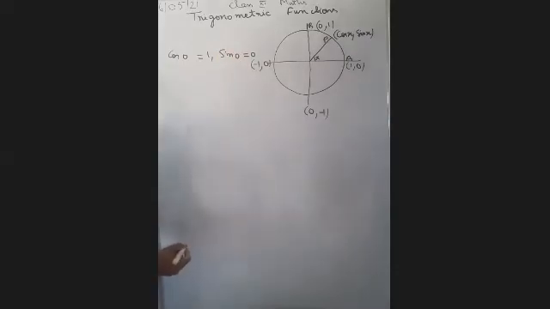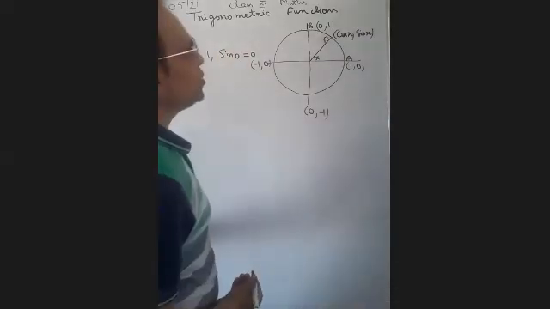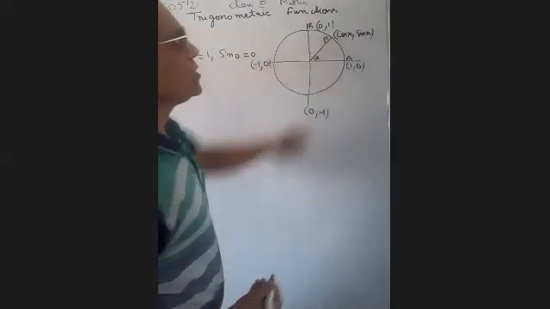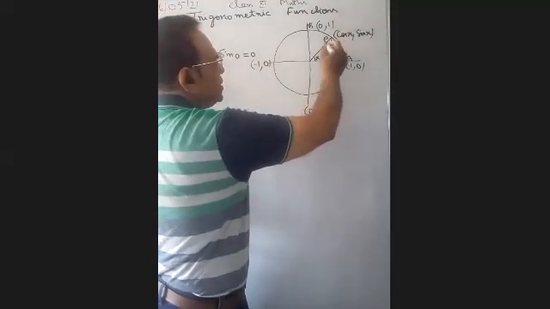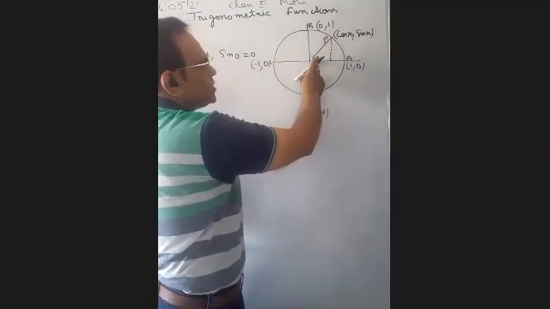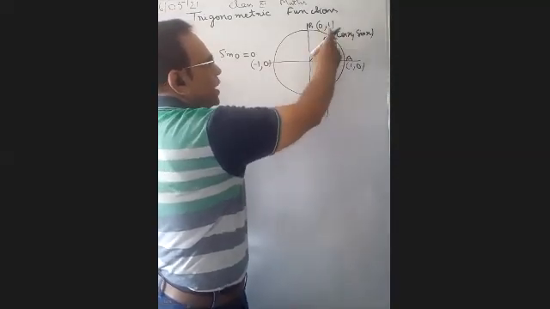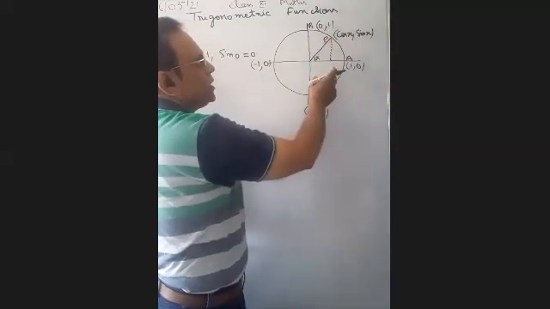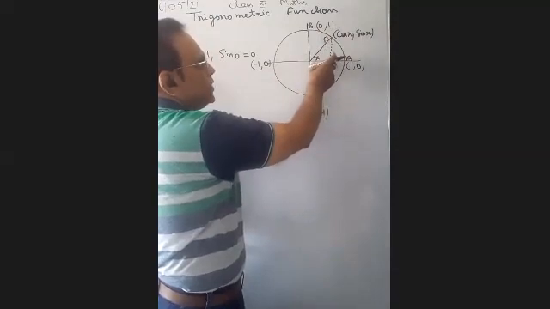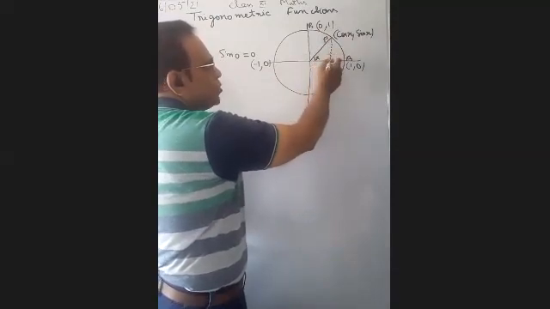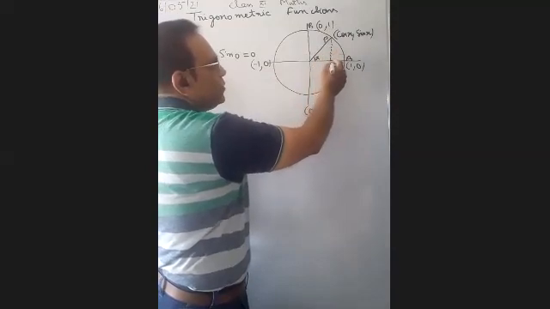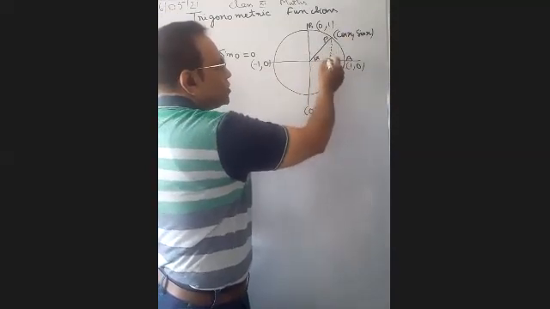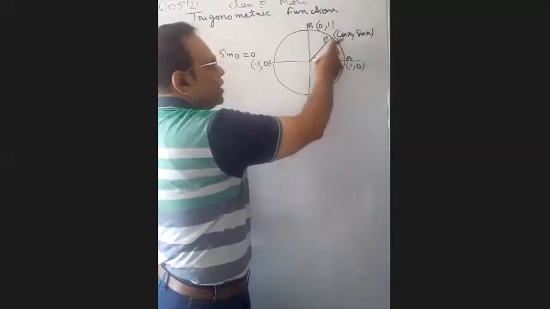Okay? How we formed it yesterday, I explained to you how this point comes. Just I am doing it again. If you take cos x equal to base upon hypotenuse, so the base will be the position of this point, base upon hypotenuse.